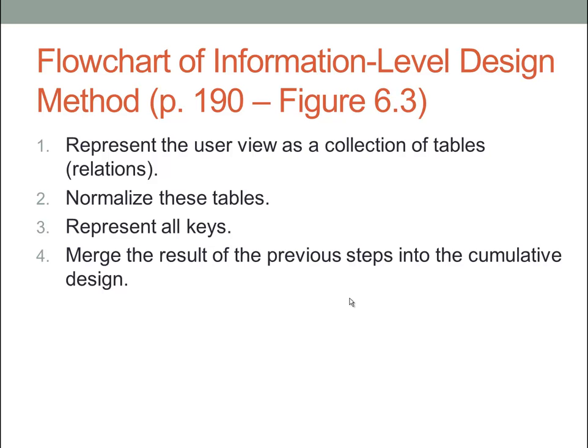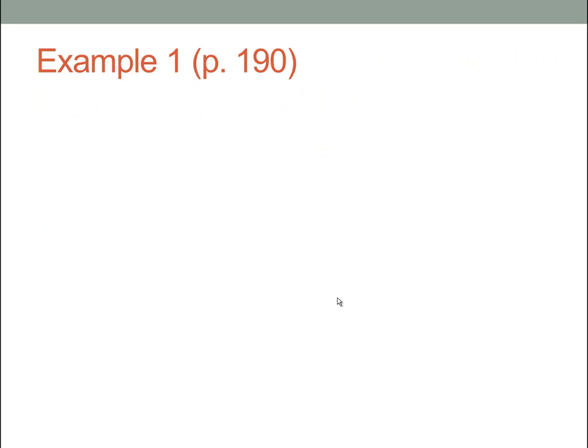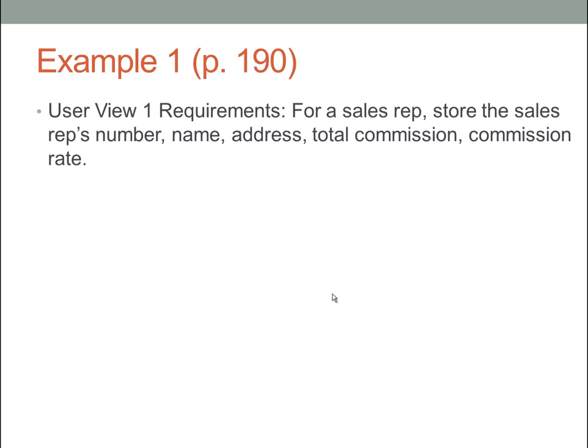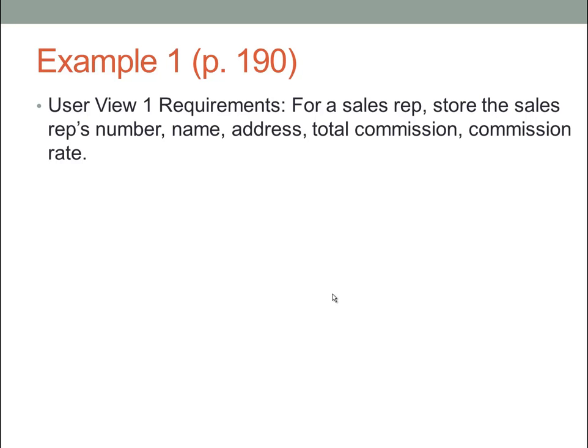So there are 2 chapter examples that we're going to go over, and the first one, example 1, begins on page 190. It's in the blue box, and there's actually 4 separate user views that are analyzed. So imagine that we meet with a user or group of users, and they basically tell us that for every sales rep, they need to know the sales rep's number, name, address, their total commission, and their commission rate.